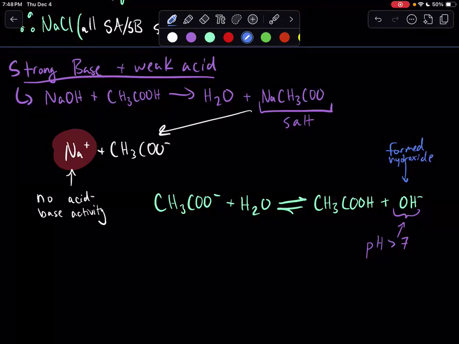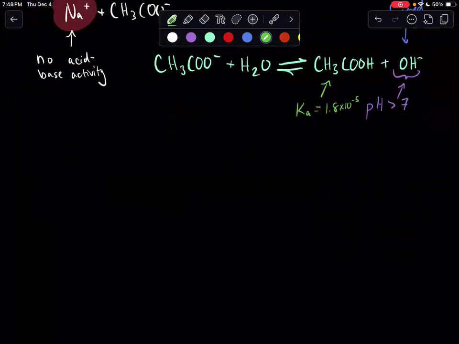We actually know from equations that our Ka for this would be about 1.8 times 10 to the minus fifth, meaning that we are actually going to produce a lot more hydroxide from the ion. All right.